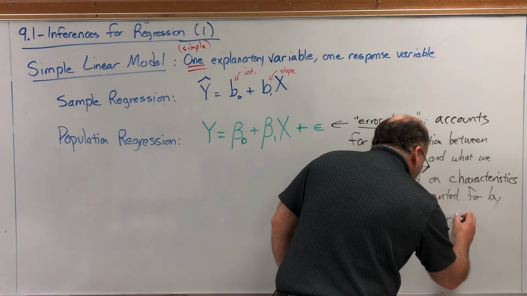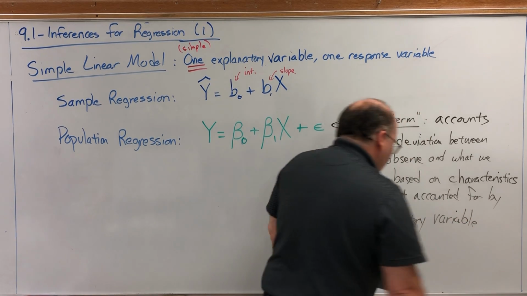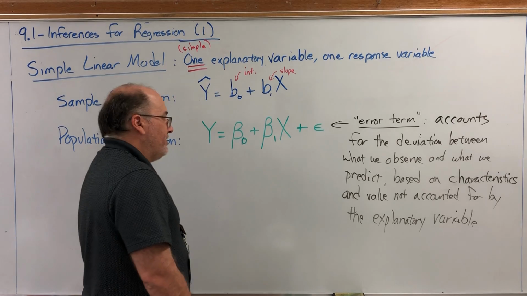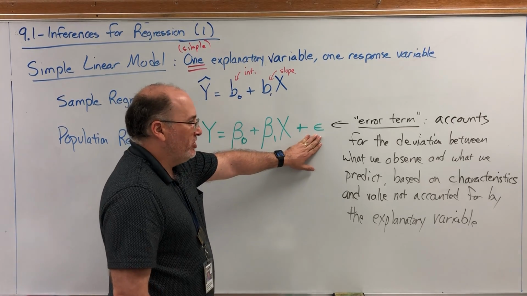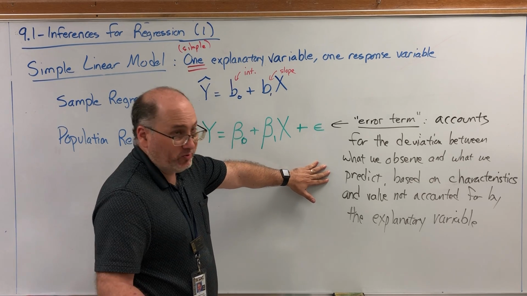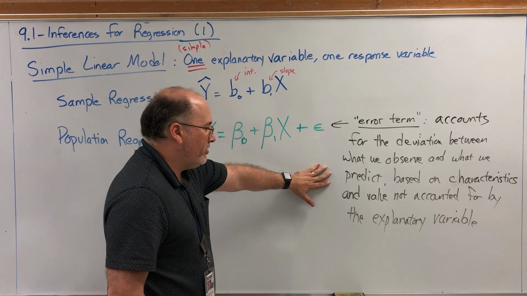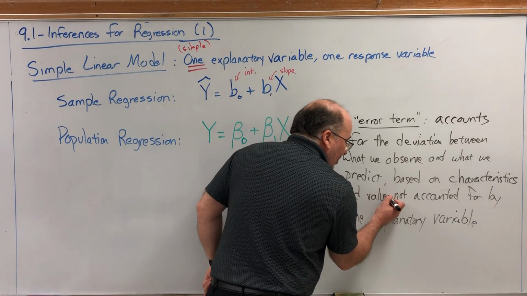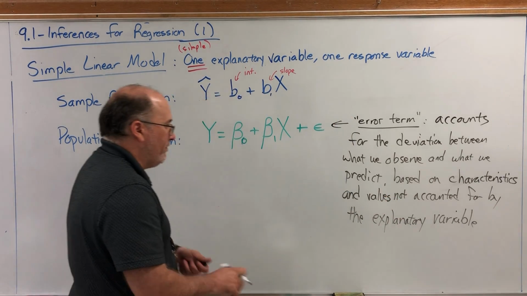That's a lot of words. Let me read it again to make sure it's what I want to say. The error term accounts for the deviation between what we observe and what we predict, in other words, the residual, based on characteristics and values not accounted for by the explanatory variable.